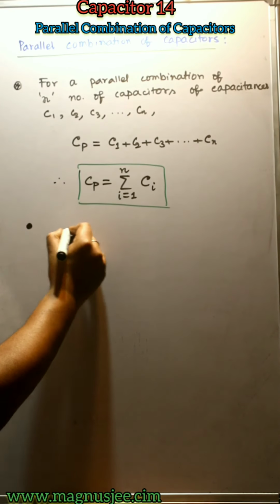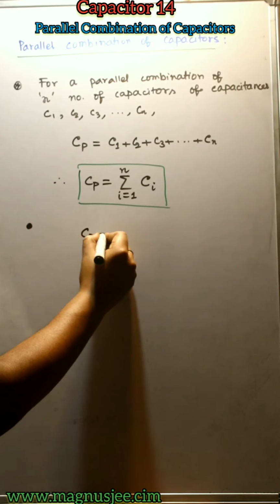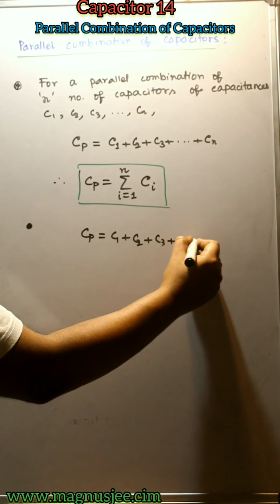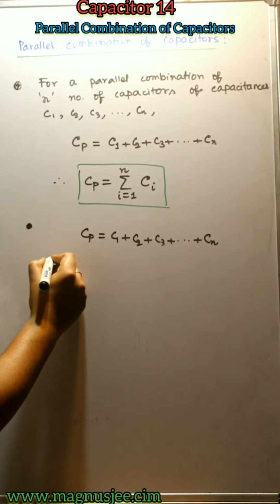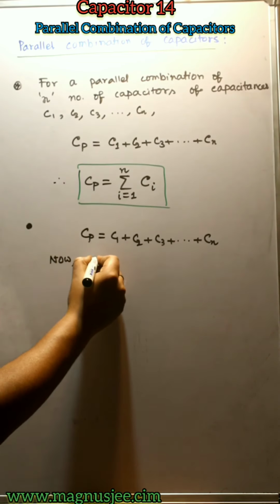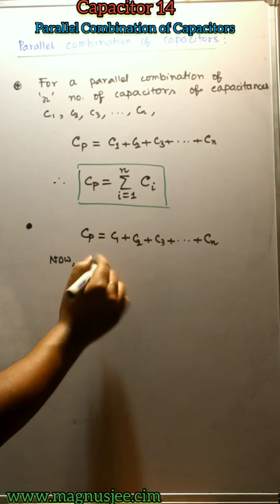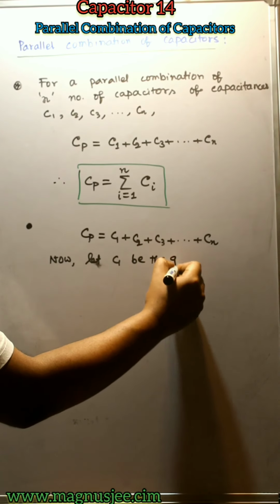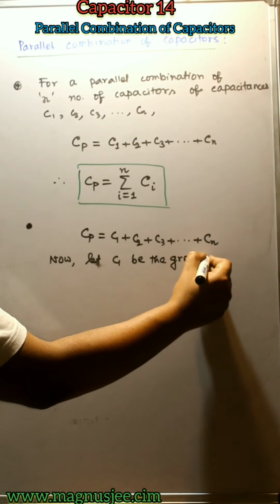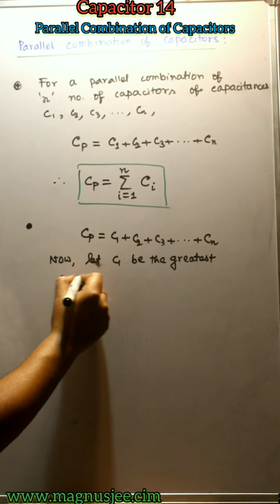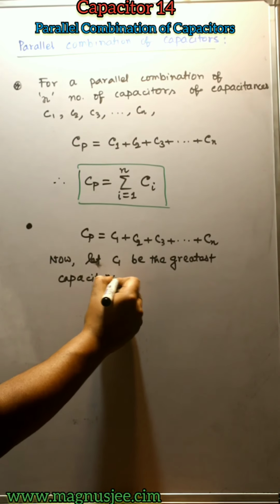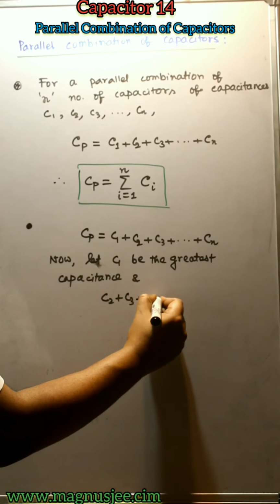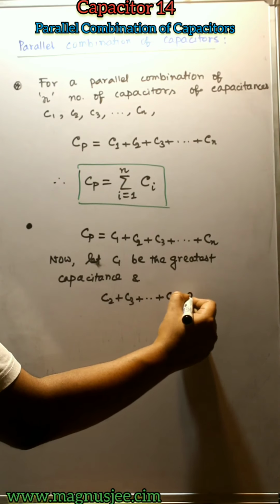Now another additional information. We know that in parallel combination, equivalent capacitance is Cp equals C1 plus C2 plus C3 plus up to Cn. Now we can assume that C1 is the largest or greatest capacitance and C2 plus C3 plus up to Cn equals x.